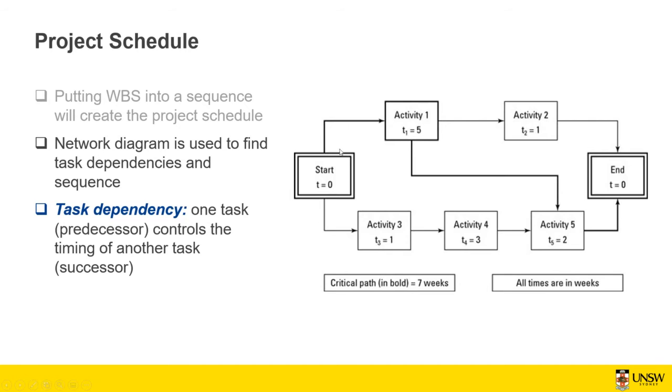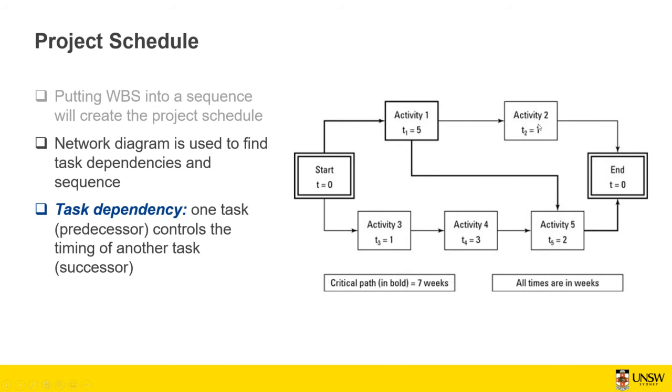So at the start of the project, if you have the resources, you can start activity 3 at the same time as activity 1. But activity 4 needs to be started after completion of activity 3. Activity 5 has two predecessors, activity 1 and activity 4, which means that both need to be completed before starting activity 5.